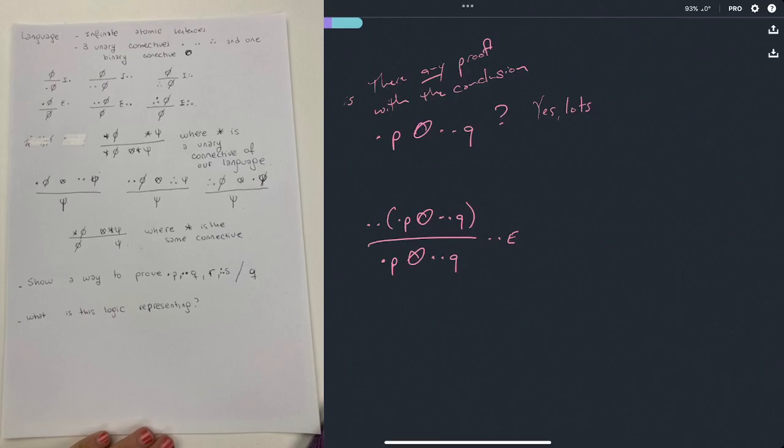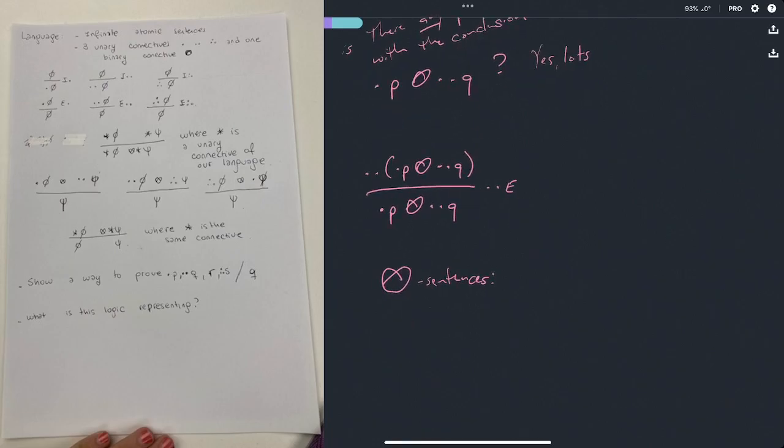Okay, so let me make up some jargon, because that's sometimes handy. Let's think just about pretzel sentences, by which I mean sentences that have the pretzel as their main connective. So a pretzel sentence is going to look like phi pretzel psi.